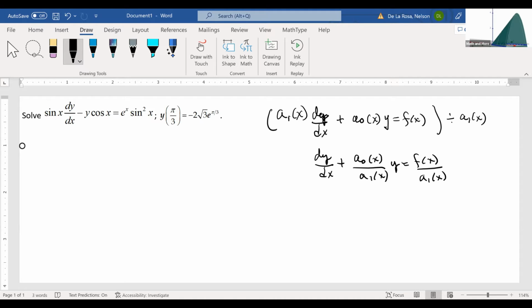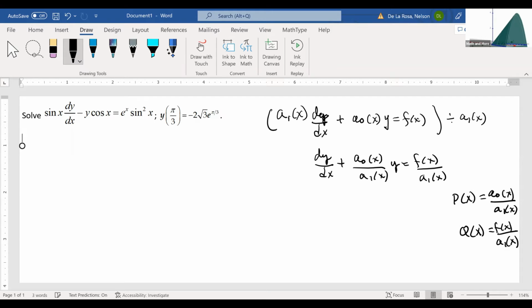And then we can call p of x as a sub 0 divided by a sub 1, and q of x as f of x over a sub 1 of x.